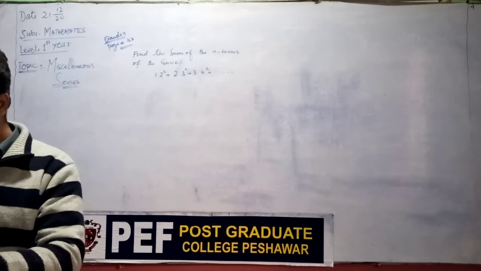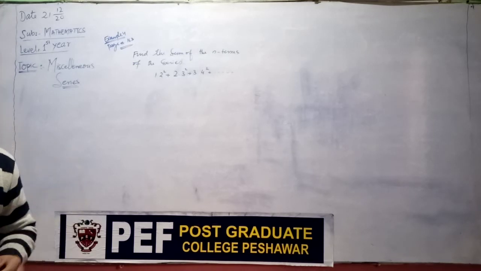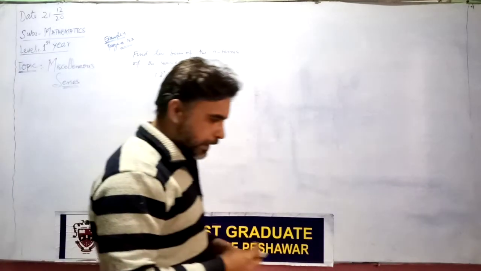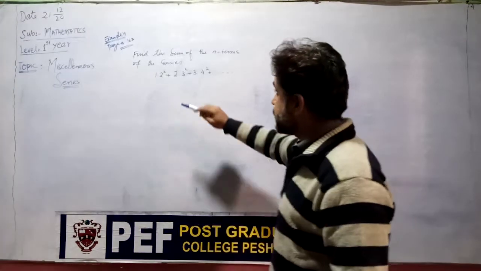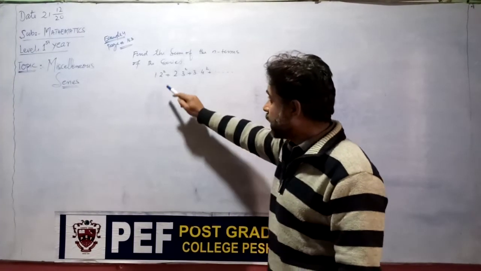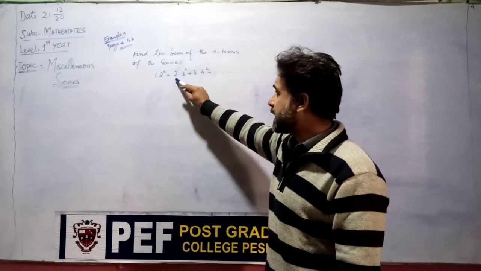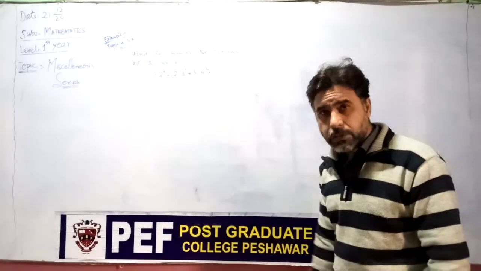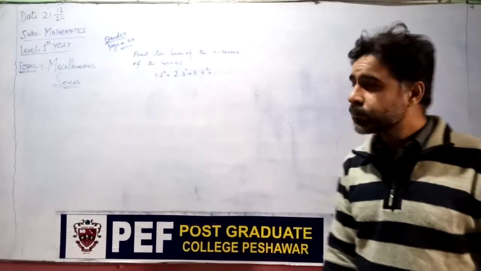Dear students, you see that this is a miscellaneous series, with the first term 1 multiplied by 2 squared plus the second term 2 multiplied by 3 squared plus 3 multiplied by 4 squared, and so on.